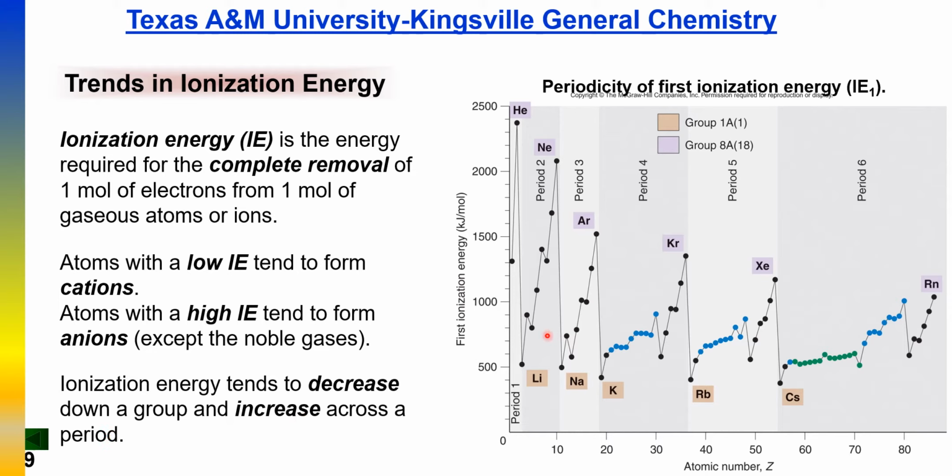In the same period, for example, from lithium to neon, ionization energy, generally speaking, increases, but they have lots of exemptions, such as lithium, beryllium. Beryllium is bigger than aluminum, and the nitrogen is bigger than the oxygen in terms of the first ionization energy. So we need to be slightly cautious.